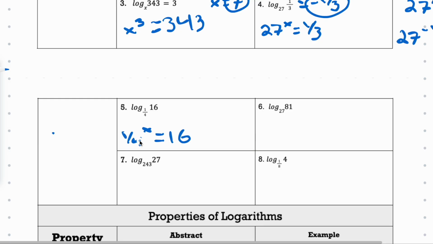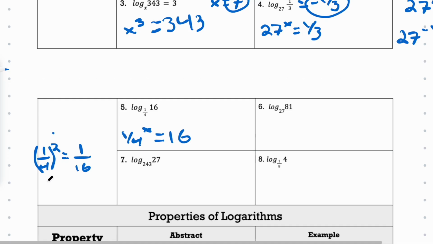How do I go from 4 to 16? Well, 4 squared is 16, right? So 1/4 squared is going to be, all of that squared. We're going to square the numerator and the denominator. We end up getting 1/16.